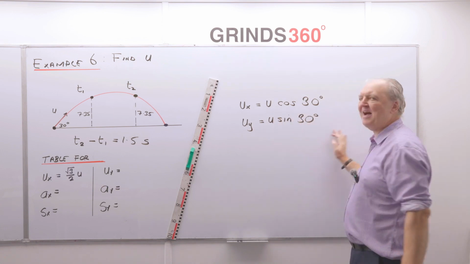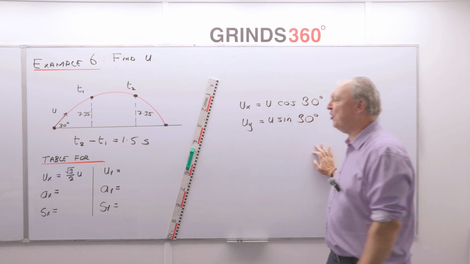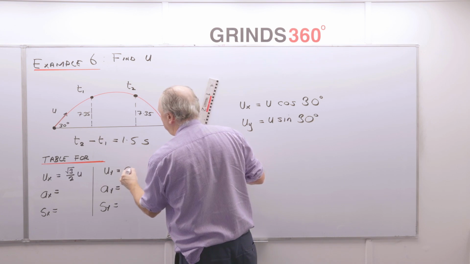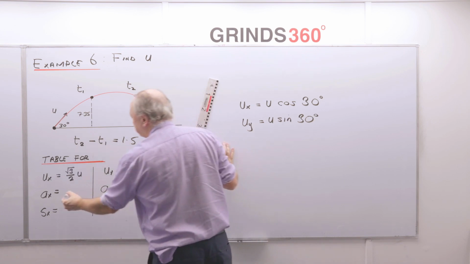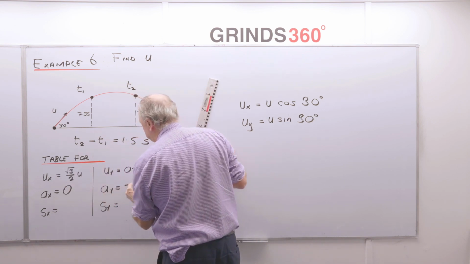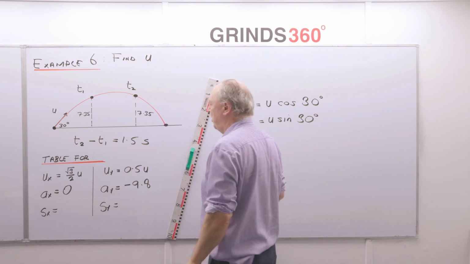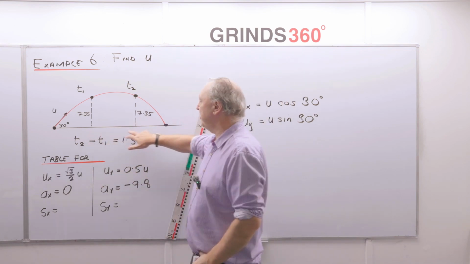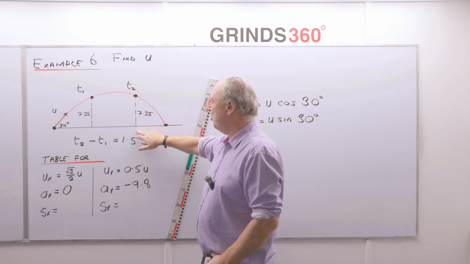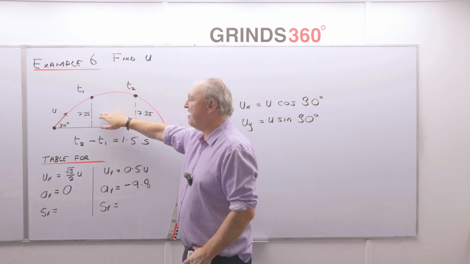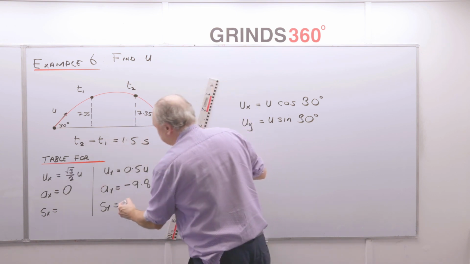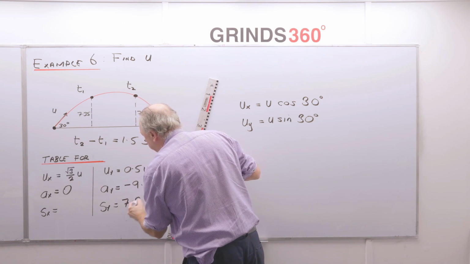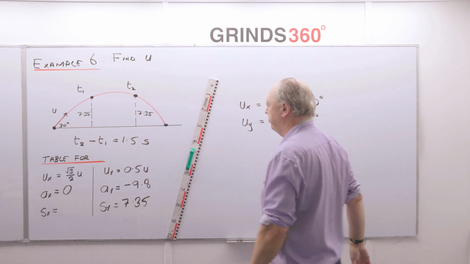Sine 30 is a half or 0.5. So that's 0.5u. Ax is 0. Ay is minus 9.8. What's Sx, the distance? Well, Sx has two different values, so kind of ignore that. What's Sy? Sy for each of them is plus 7.35 meters above the ground.